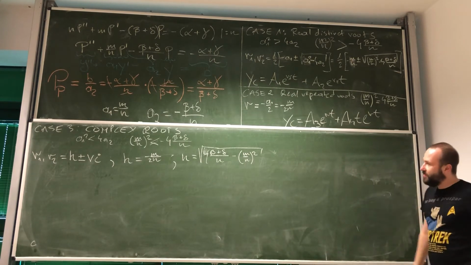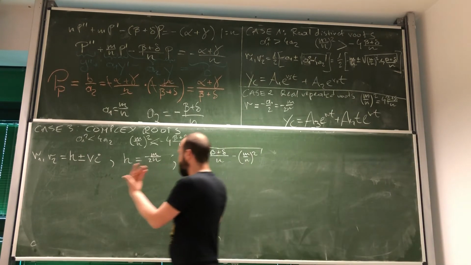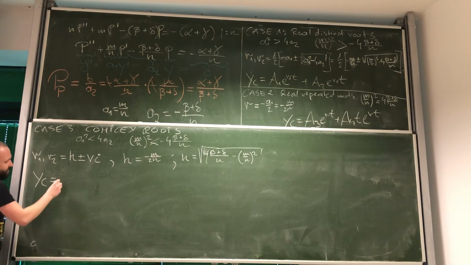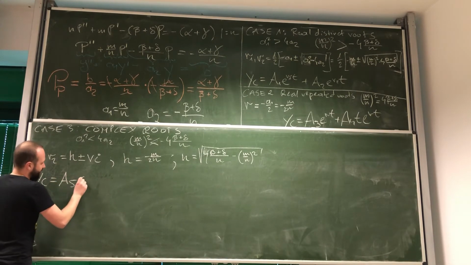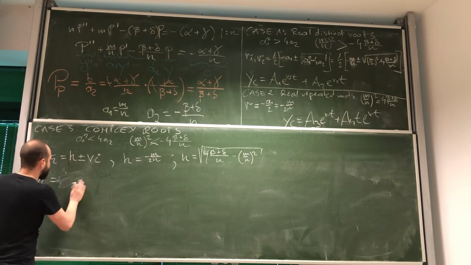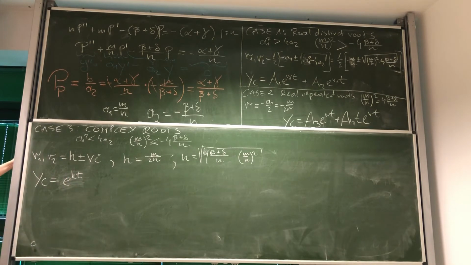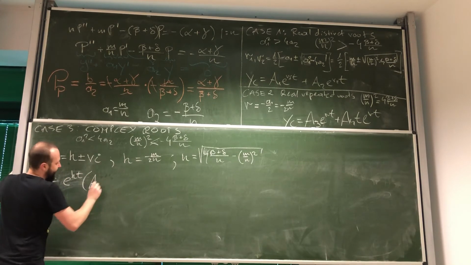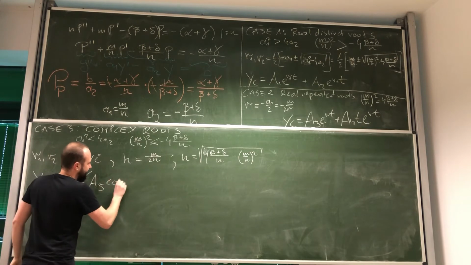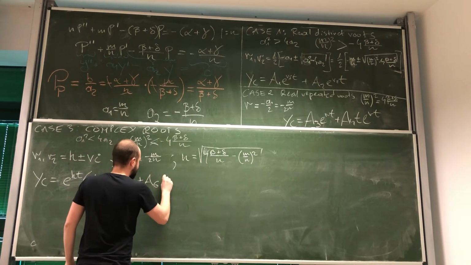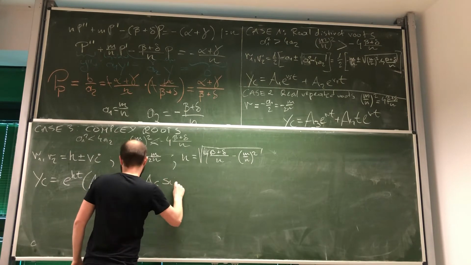If we've got complex roots, then the complementary function is given by e to the power ht times a5 cosine vt plus a6 sine vt.